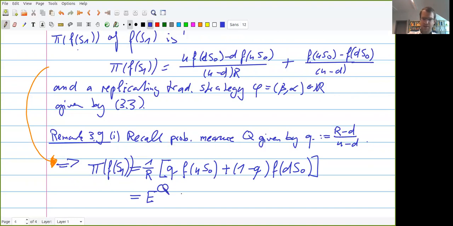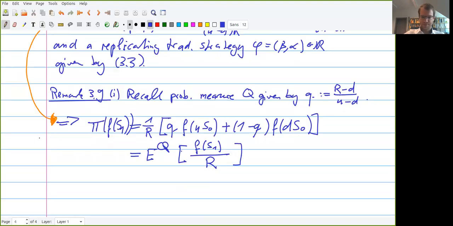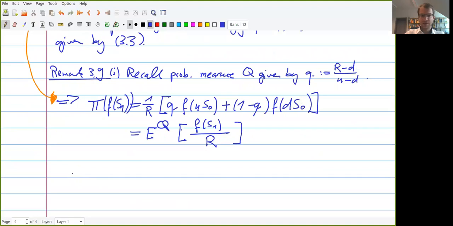So the price of the option F acting on the price at time 1 is just given by the expected value with respect to Q of the option discounted with the risk-free asset. Right? Let's make it red.